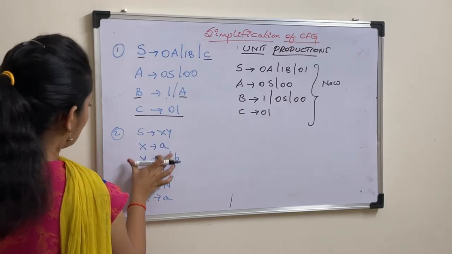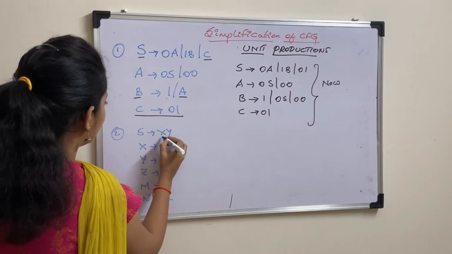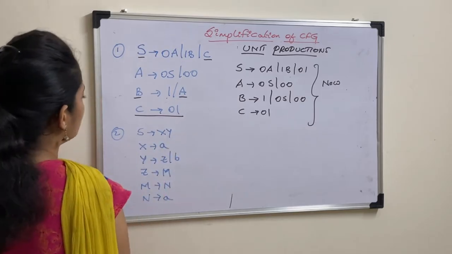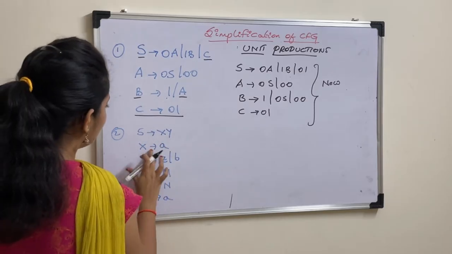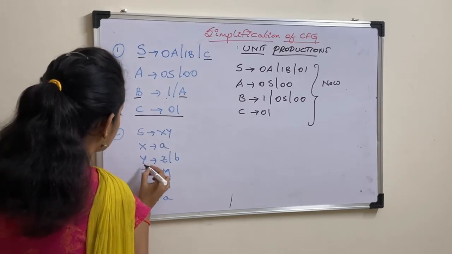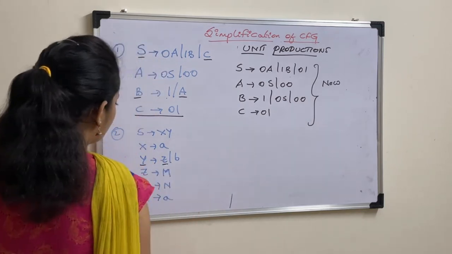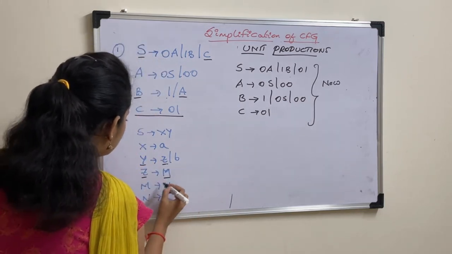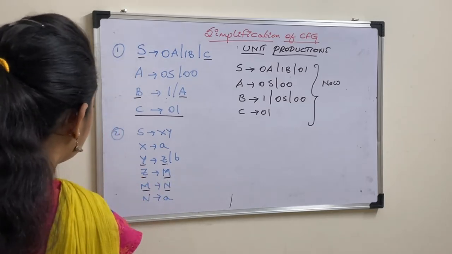Next, let us solve the second one also. Now in this case we have two non-terminals, no problem. Check for unit productions only. Here, yes, Y derives Z. Y derives Z is a unit production. Z derives M, M derives N. All three are unit productions.